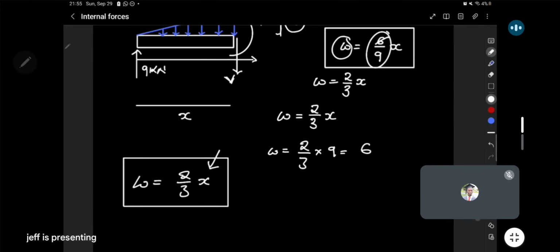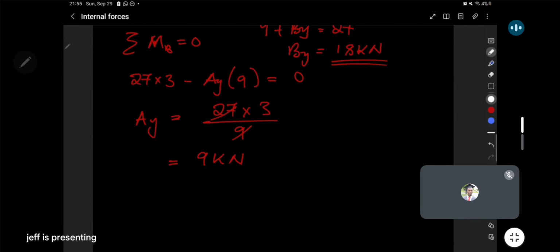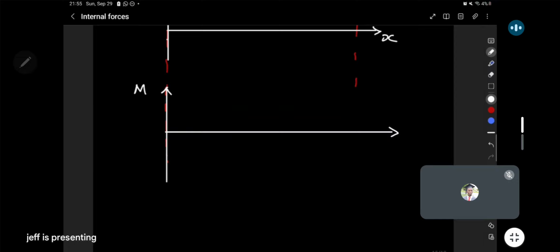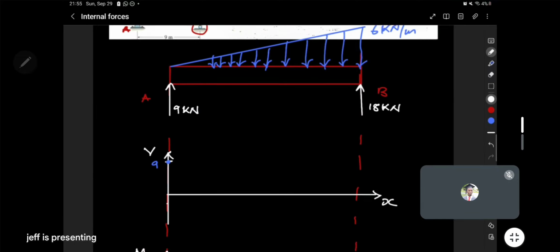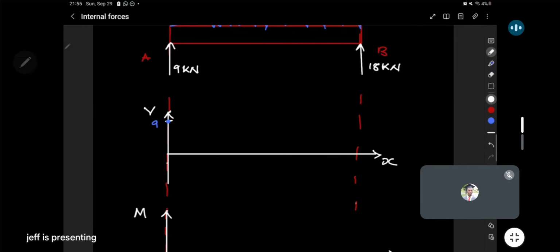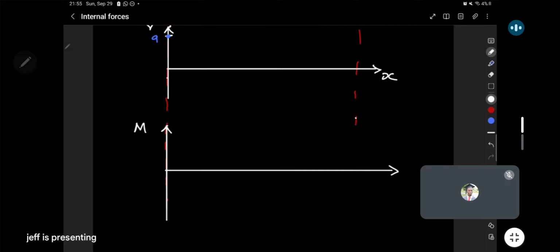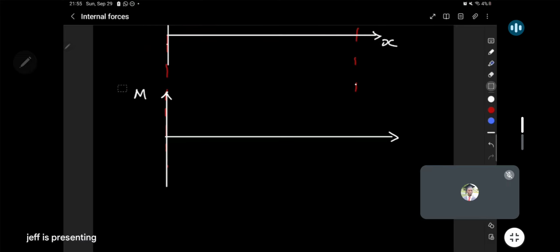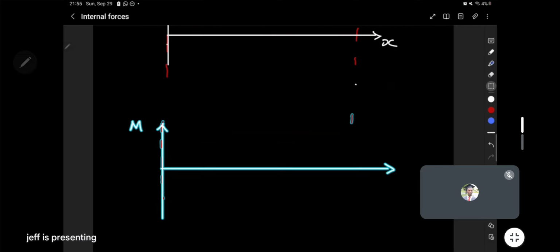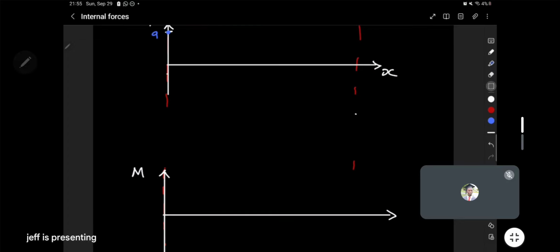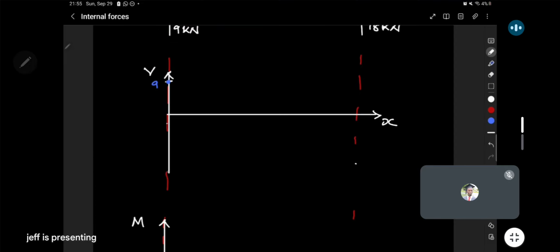So when it comes back to our diagram, we see that at point B, we are in the negatives. Let me just shift this one downwards. So at point B, we are at -18.